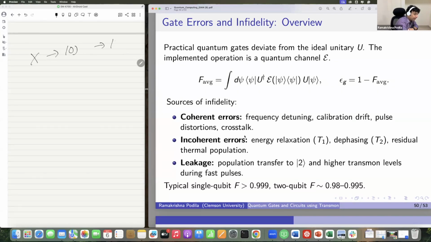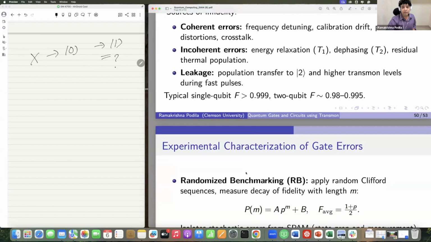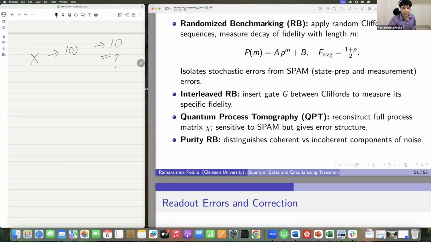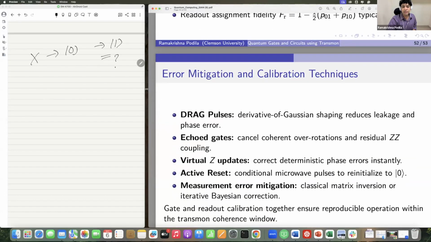How many times does it become 1? Are there times when it doesn't become 1? The times that it doesn't become 1 would be errors. And so using those errors, we can calculate the fidelity, right? We can experimentally characterize this. We don't need to go into this.